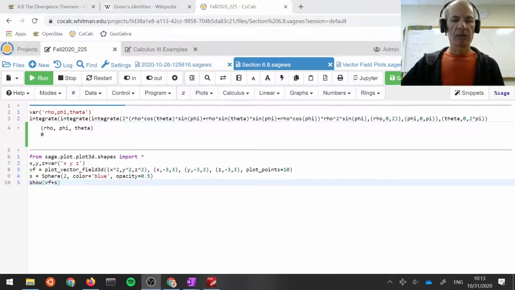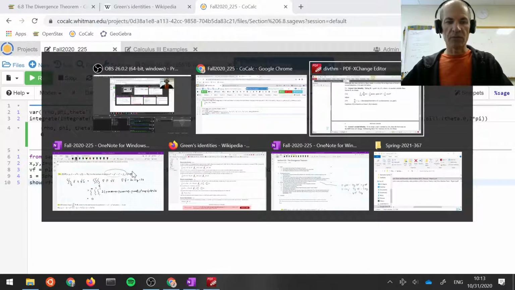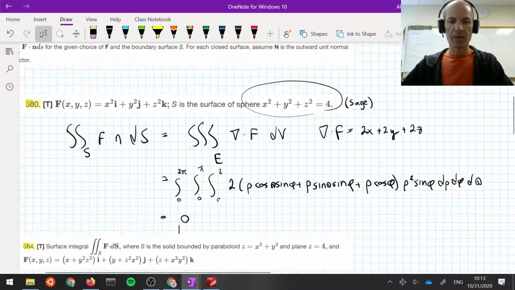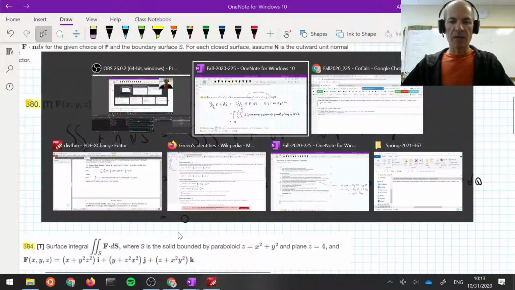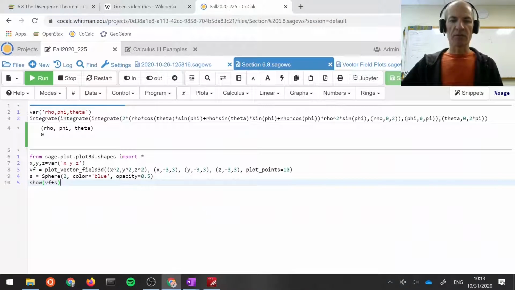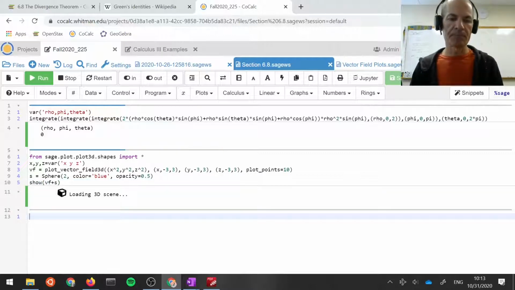Here I'm doing the vector field x squared, y squared, z squared, because after all, that was the vector field that we were dealing with. And we're looking at this thing over a sphere of radius 2. I put the vector field plot in a variable vf, and I put the sphere plot in a variable s, and then I just show them simultaneously. Let's see what that looks like.